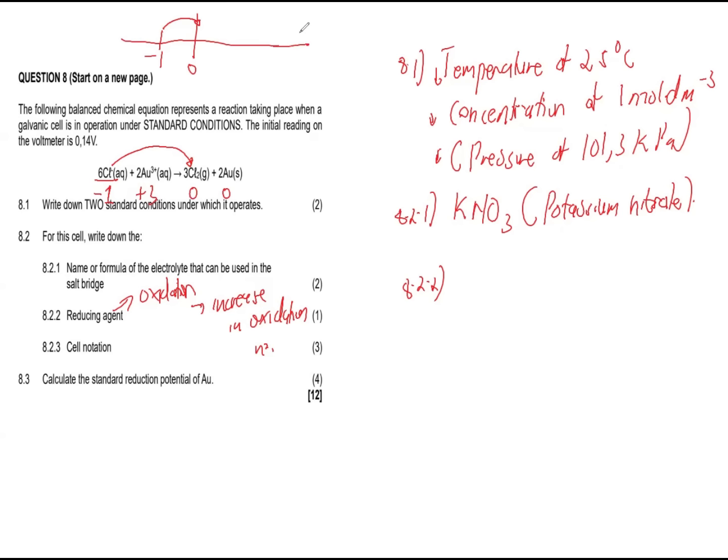But from +3 all the way to 0, we are moving to the left-hand side of the number line, which indicates reduction. So reduction if the number becomes smaller, oxidation if the number becomes bigger. So the reducing agent here has to be Cl minus, the chlorine ion.